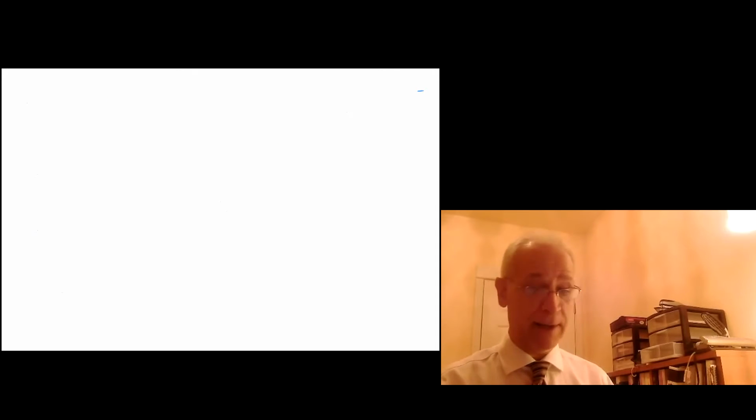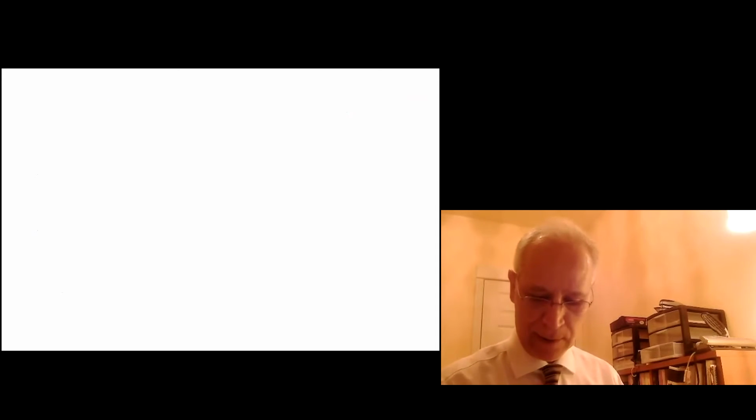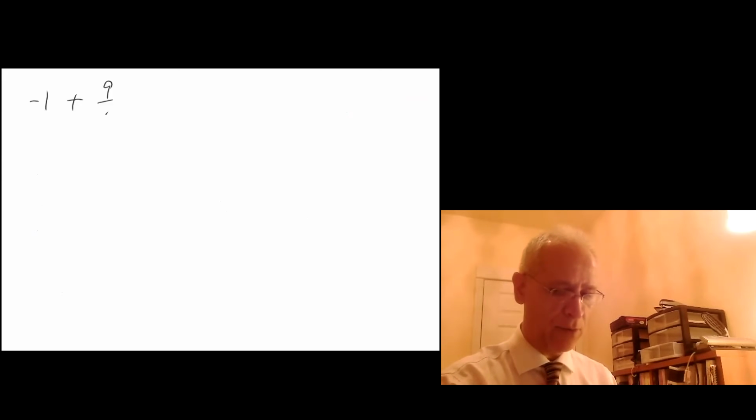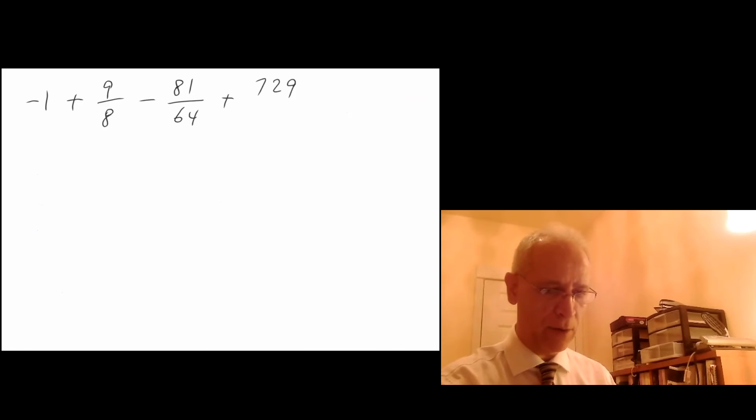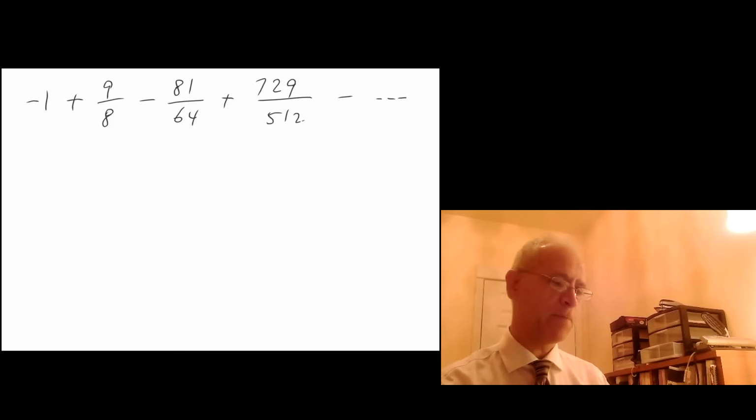And absolutely last example, because these are easy ones. How about if I have negative 1 plus 9 over 8 minus 81 over 64 plus 729 over 512 minus dot, dot, dot.